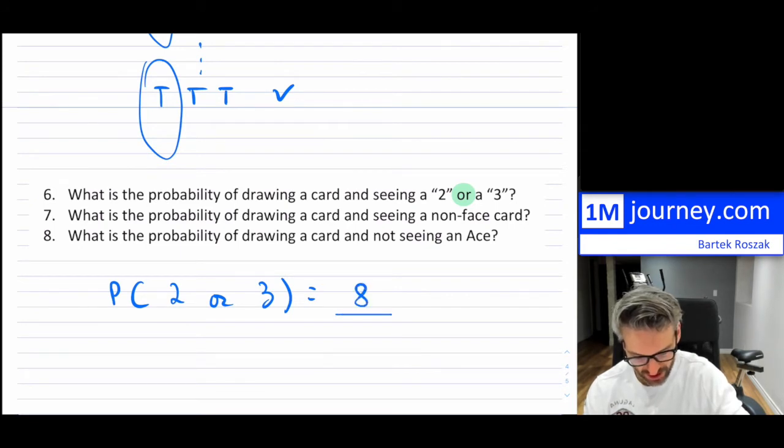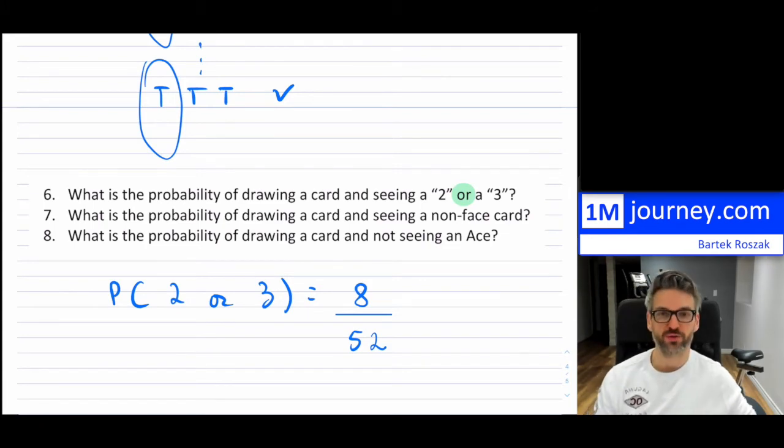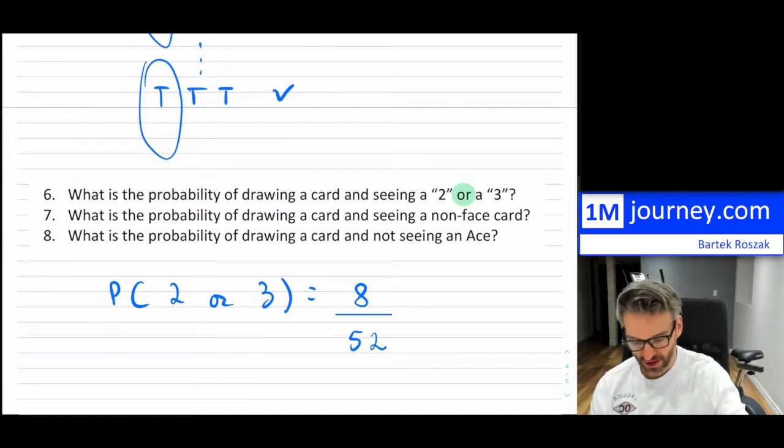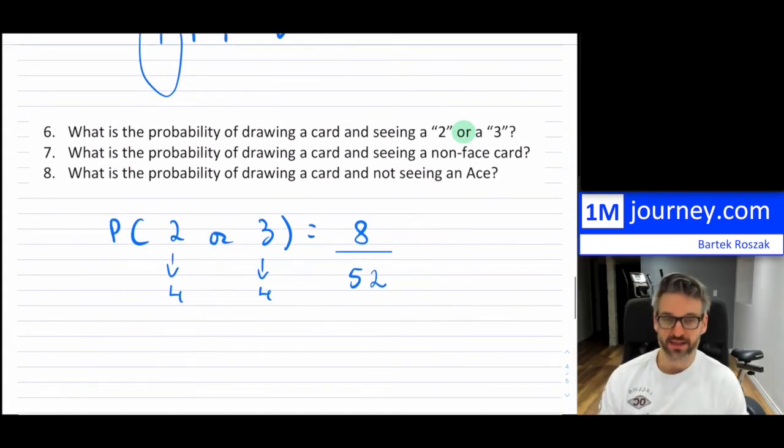So there are 8 possibilities out of the 52 cards. And you can reduce that to lowest terms if you like, or change it to percent. So that's how we would do this. And this is because we have 4 of these and we have 4 of these. So that is the 8. And then we have 52 cards in total.